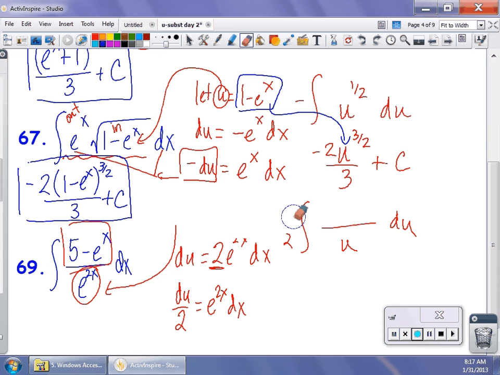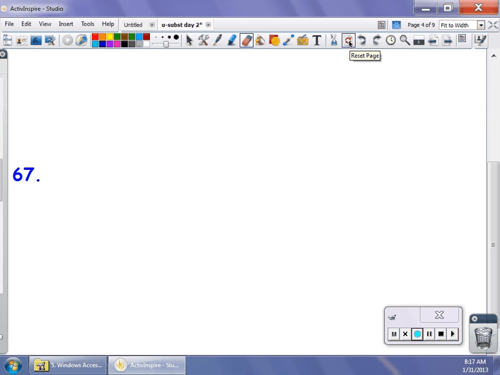Alright, so let's regroup here. In fact, let's get rid of all this stuff out of my way. Let me recopy the problem here. So in number 69 we have the integration of 5 minus e to the x over e to the 2x dx.